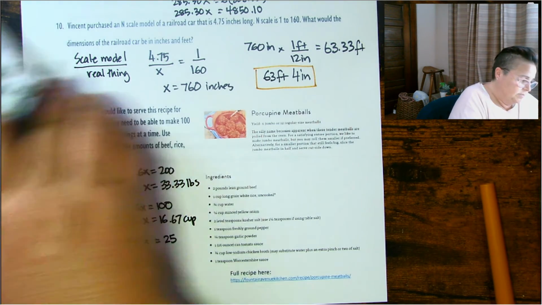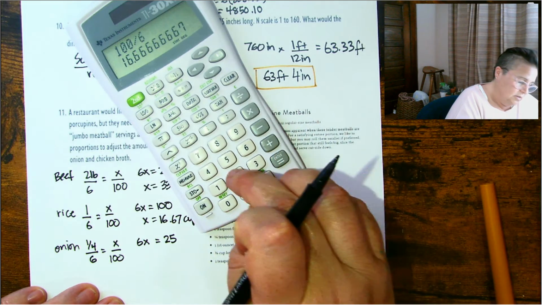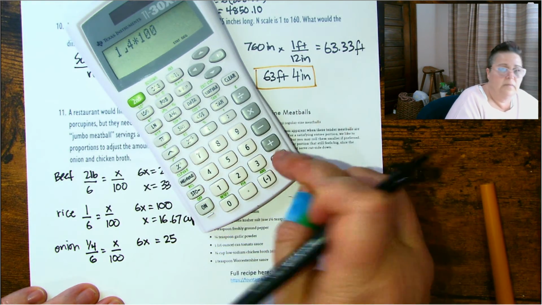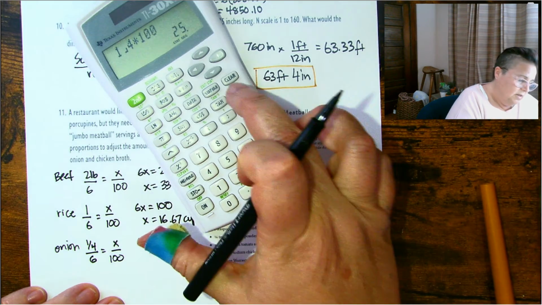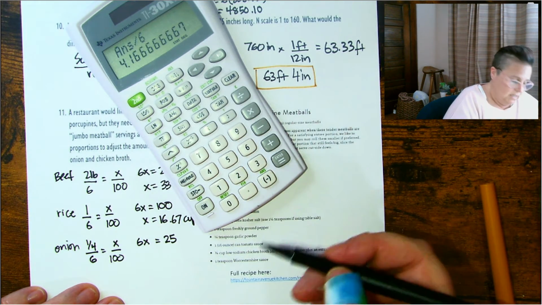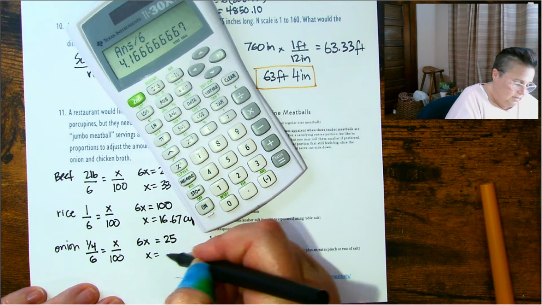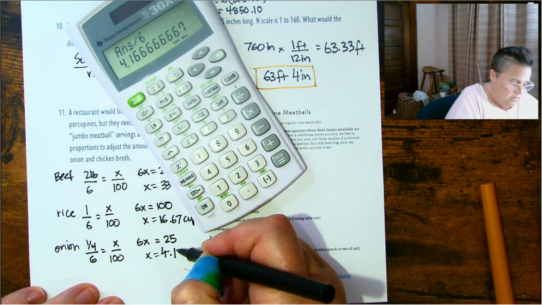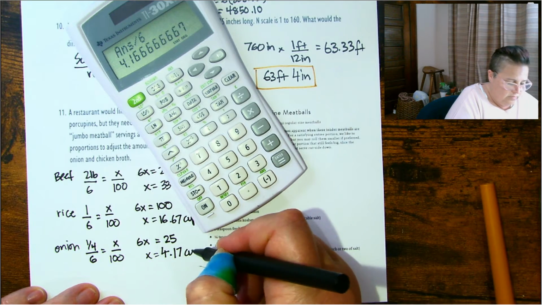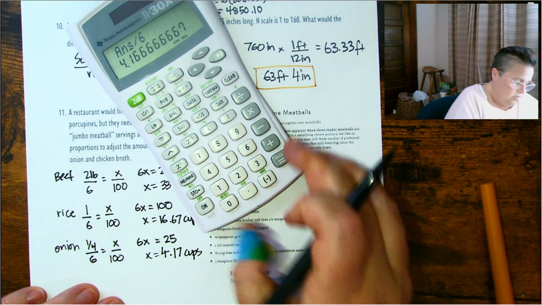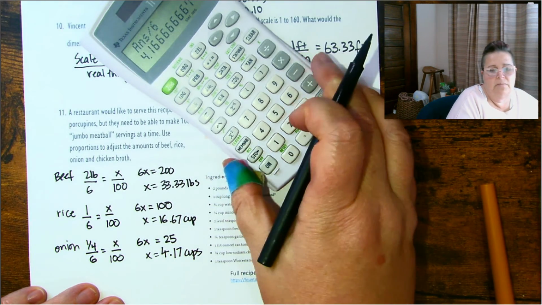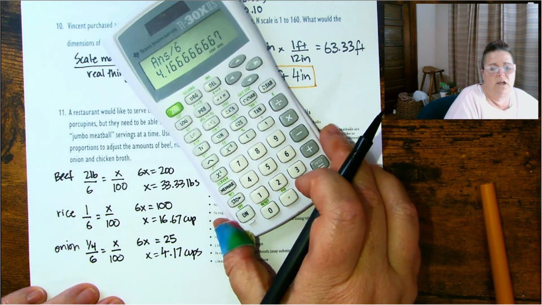Dividing both sides by 6. See, I can do 1/4 times 100. It's going to be 25. Divide that by 6. And we get that x is 4.17 cups of onions. Right? Because that was a quarter cup minced yellow onion. Yep. So we need just over 4 cups of onions.